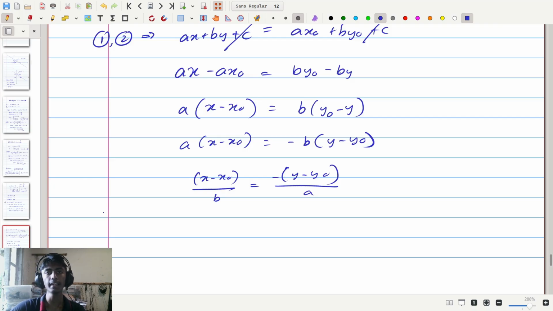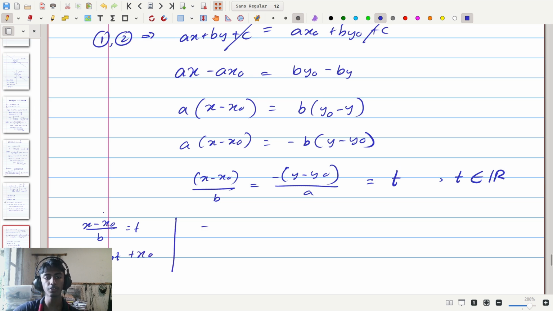Now then, let us suppose that this is equal to a parameter t, where t is an element of the real numbers. In this case, we can see that (x minus x0) divided by b is equal to t and negative (y minus y0) divided by a is equal to t. This gives us that (x minus x0) divided by b is equal to t, meaning that x is equal to bt plus x0.